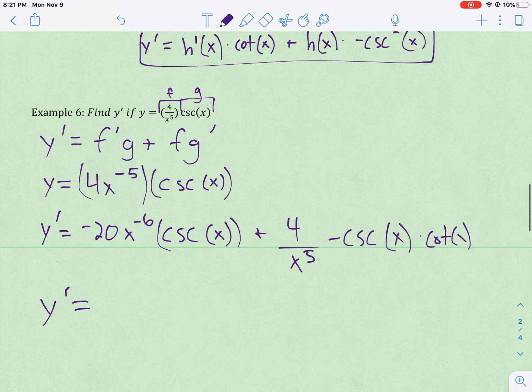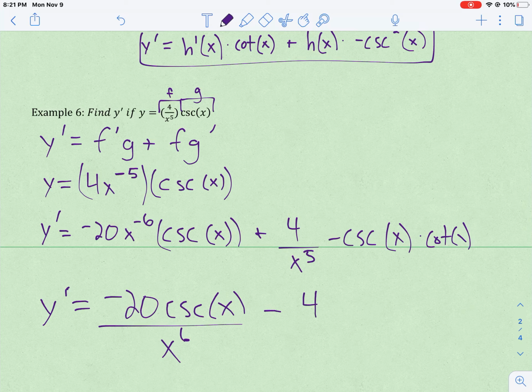And then to clean this up, no negative exponents, we get negative 20 cosecant of x over x to the 6th minus 4 cosecant of x cotangent of x all over x to the 5th.